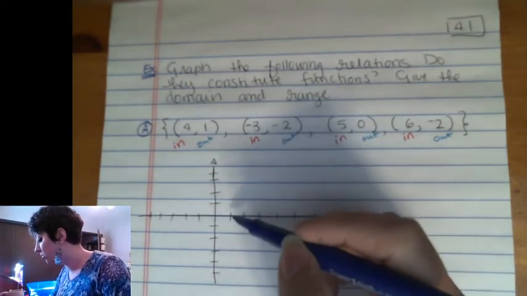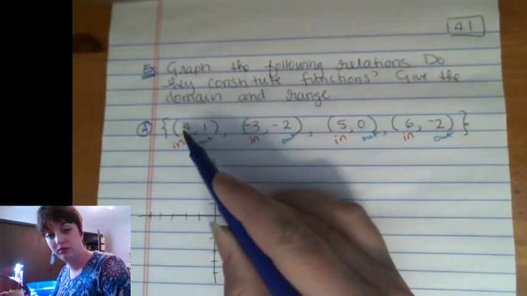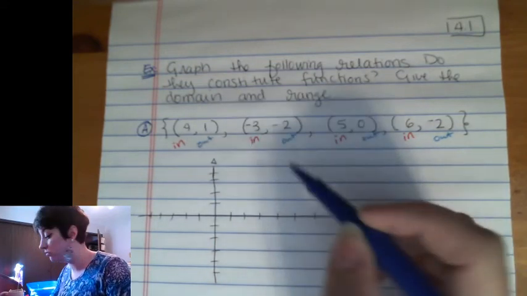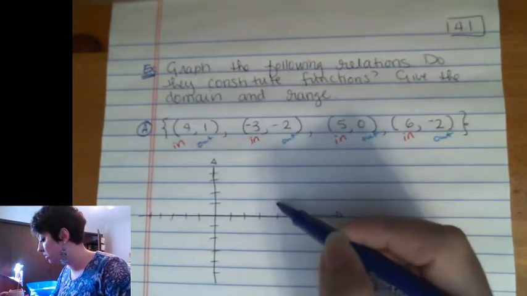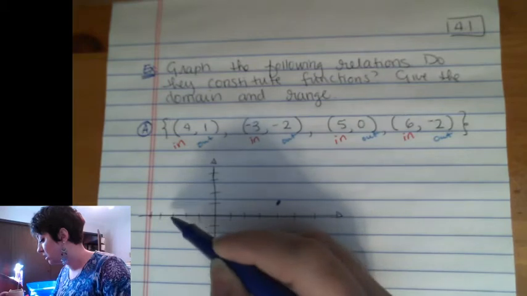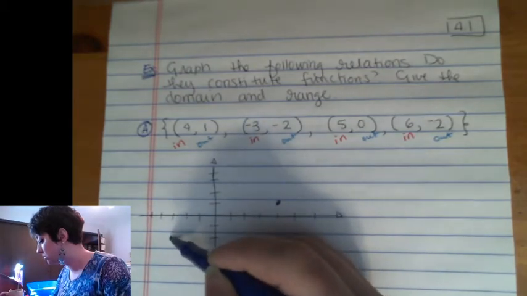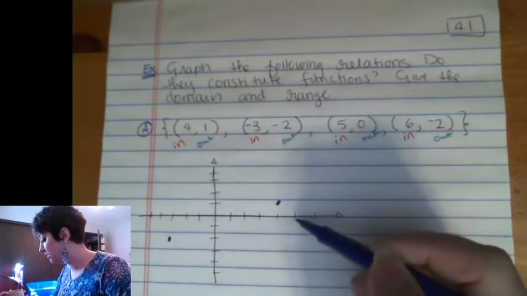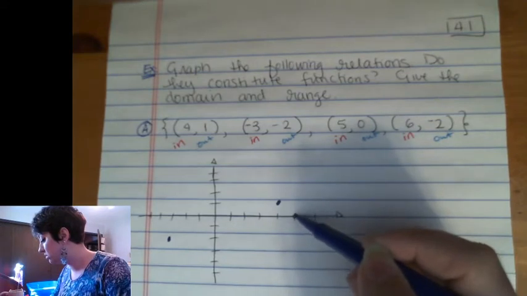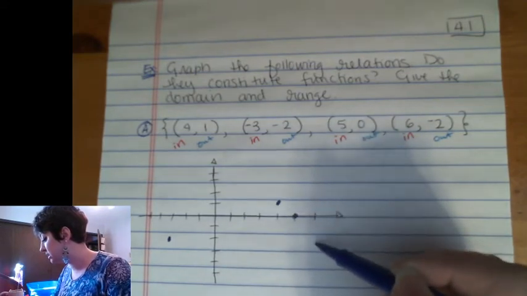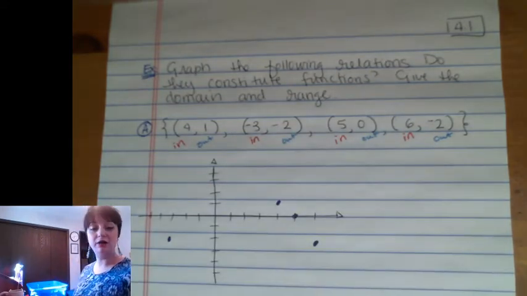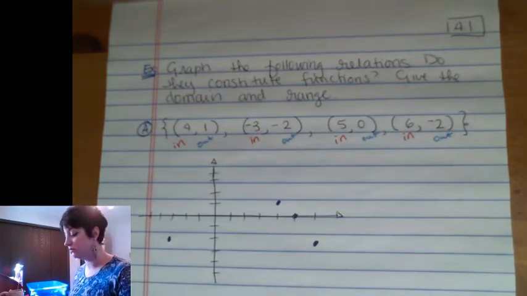So 4, 1, that's horizontal 4, vertical 1. So 1, 2, 3, 4, 1, -3, -2, 5, 0, and 6, -2. So there's the graph of my relation.